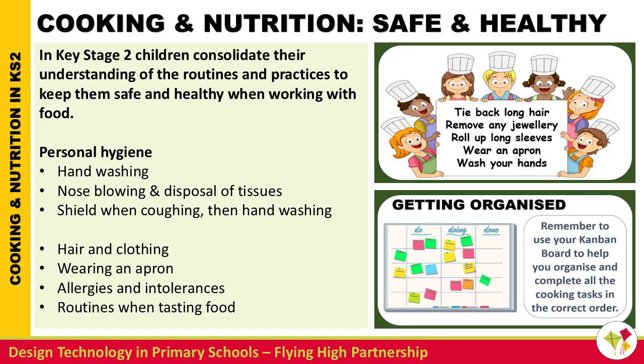Children should be clear about the routines to be followed when testing and tasting food. Schools should adopt a clear and consistent message for children to keep safe and healthy when working with food. These are routines and practices introduced in Key Stage 1 and built upon and consolidated throughout the primary years.